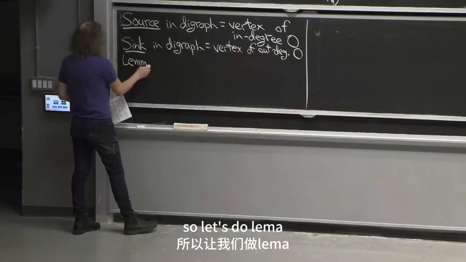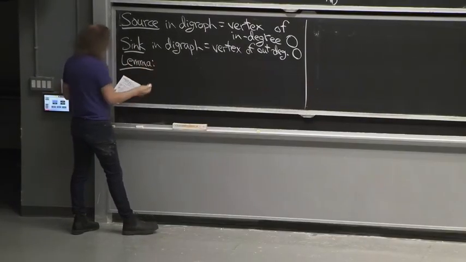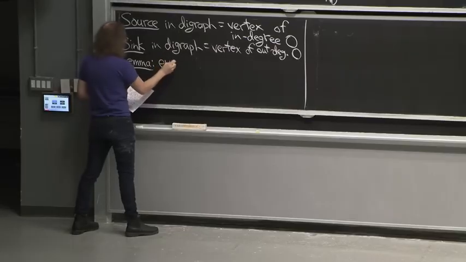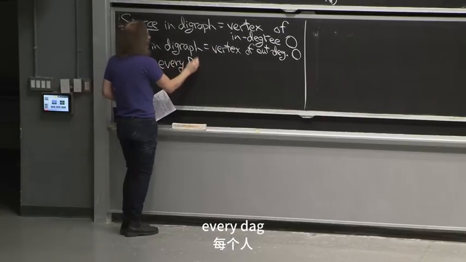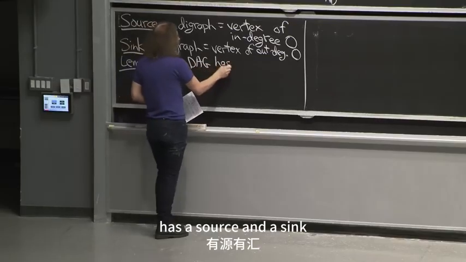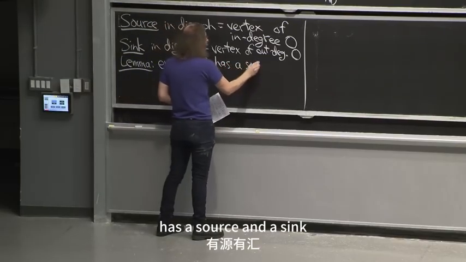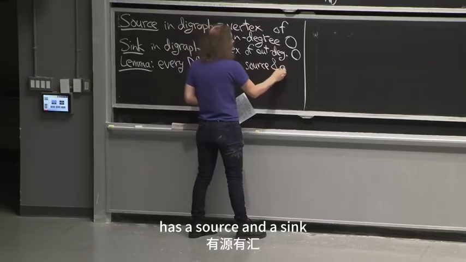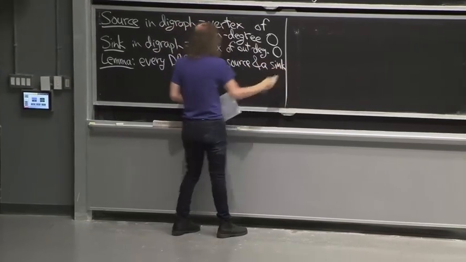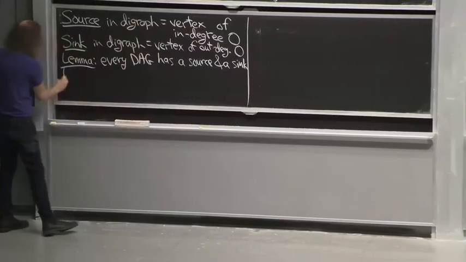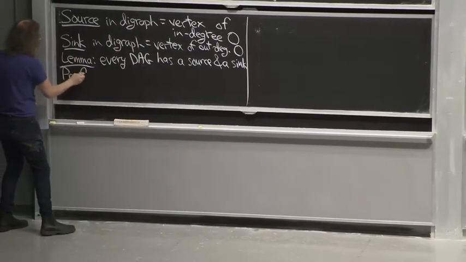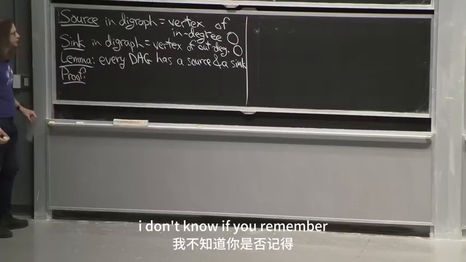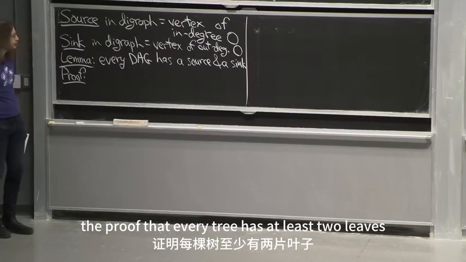So let's do a lemma. Every DAG has a source and a sink. Proof. I don't know if you remember the proof that every tree has at least 2 leaves.